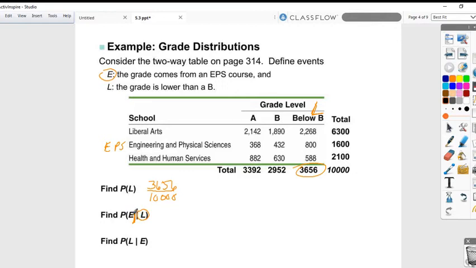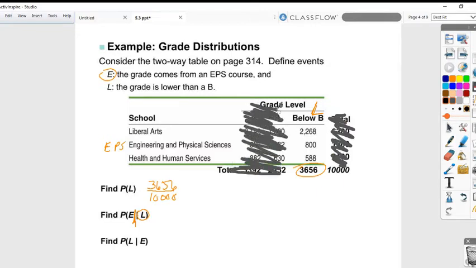So here's the trick. If you have a table, it's super easy. This slash is literal. It means given. That's all I'm given. The rest of this chart is going to disappear. This is all I'm given, that L. Then the problem becomes easy.